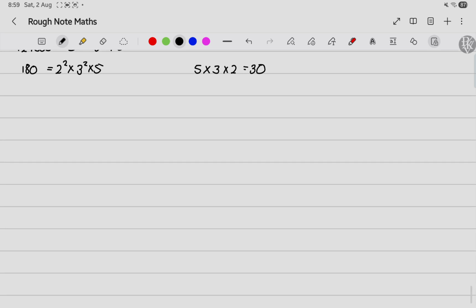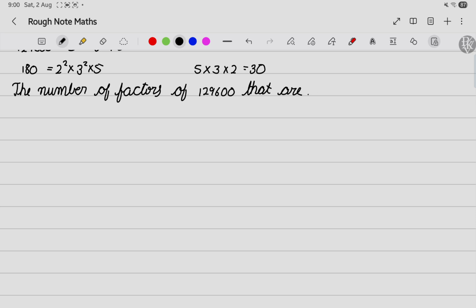So let's just write that down. The number of factors of 129,600 that are divisible by 180 is 30.